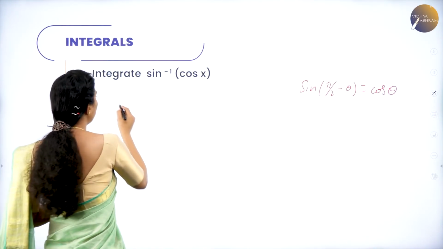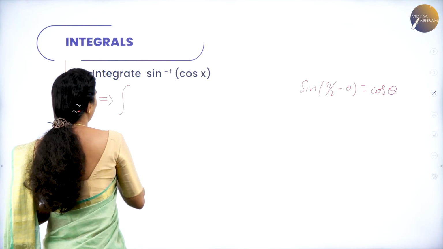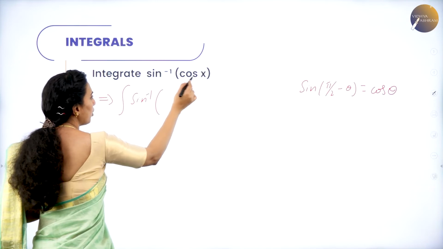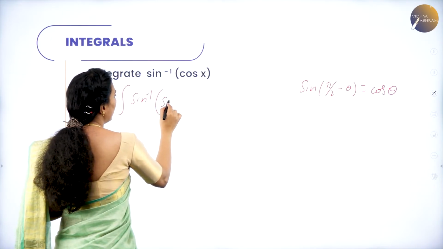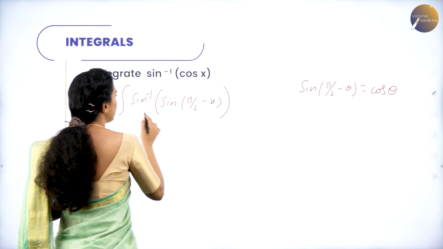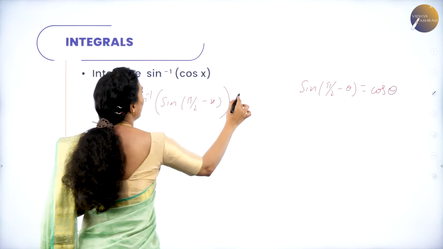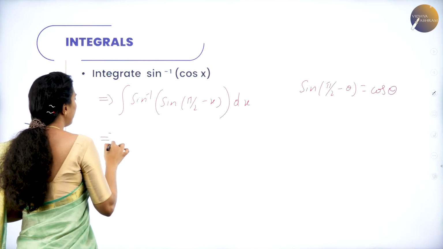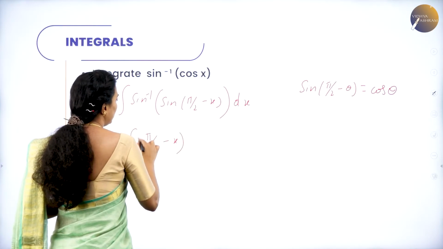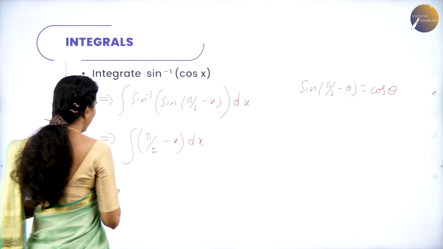So what I am going to do here, which implies integral of sine inverse into, see, cos x I am writing as sine of 90 minus x. Okay, I hope you got this one. Now sine and sine inverse will go, dx is there, which implies integral of pi by 2 minus x dx. Now you can separate this integral.